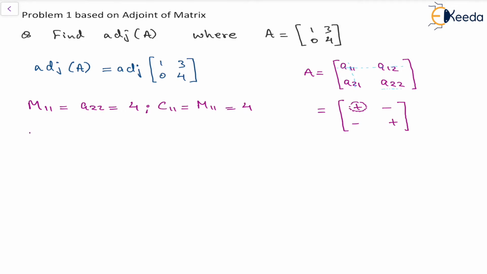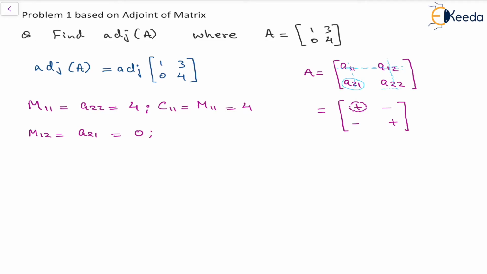Now similarly, finding M12, we'll be removing the second column and first row, so we'll be left with this element A21. So this is going to be A21, which is 0 in our matrix.